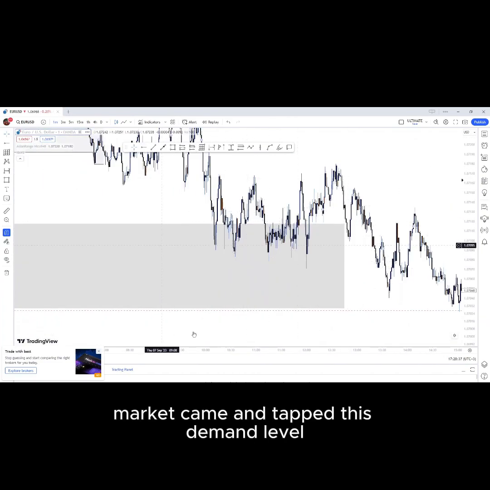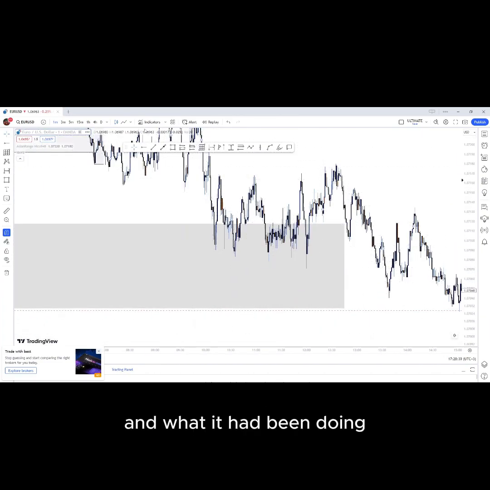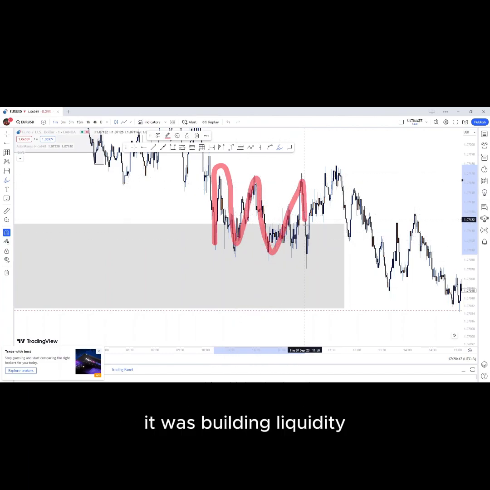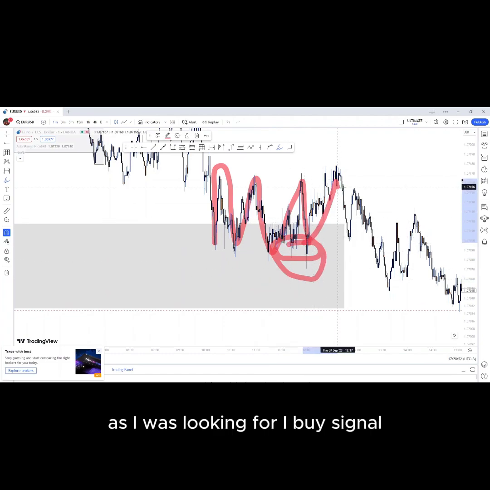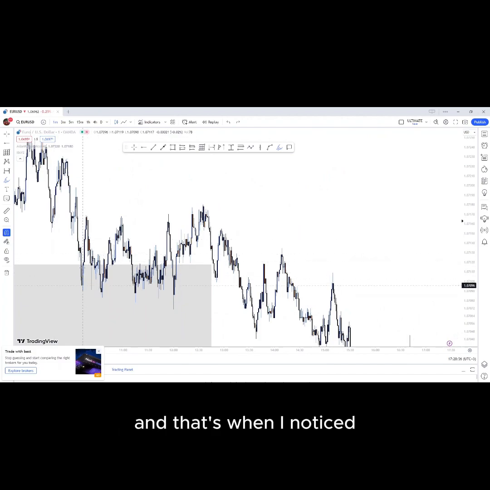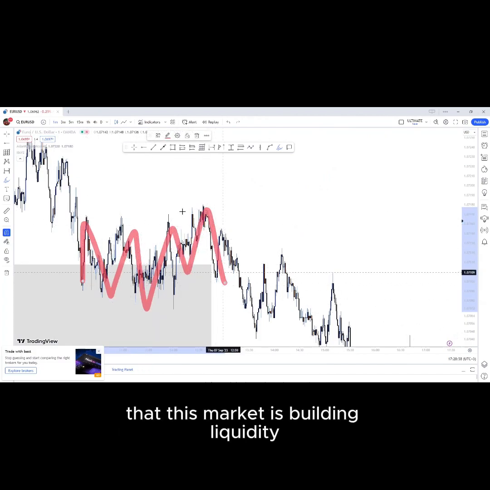The market came and tapped this demand level, and what it had been doing, because I started trading around 10, as you can see, I didn't know it was building liquidity. It was building liquidity until I was taken out here as I was looking for a buy signal. I was taken out around here, and that's when I noticed that this market is building liquidity.